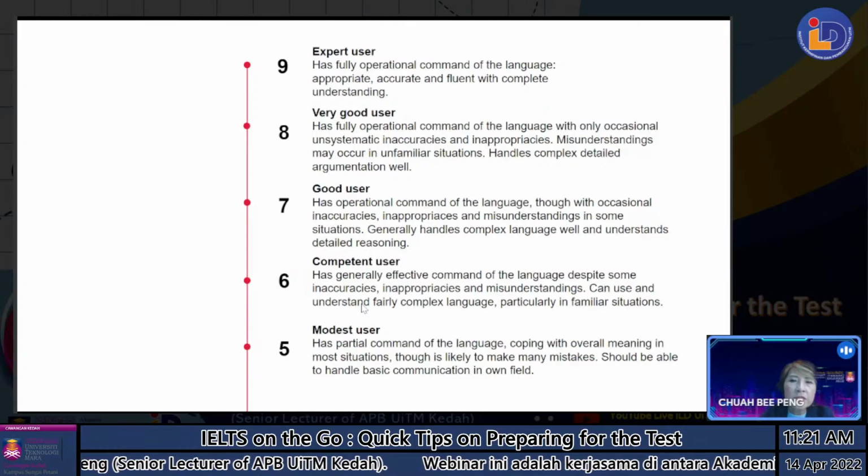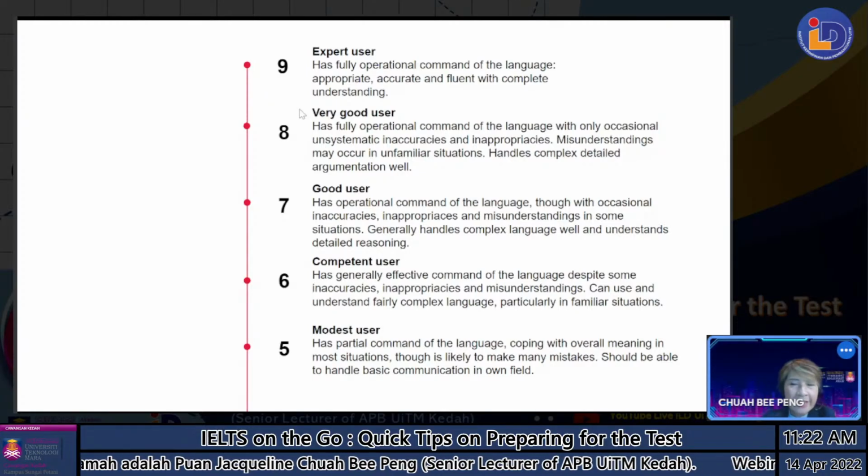So it's from modest user to even expert user, within this range. So it depends on whether you need to get band 6 as a competent user. For the medical profession, sometimes they even need a band 8. For teaching, especially for language, they probably need a band 9. So you have to know. Okay, don't assume.